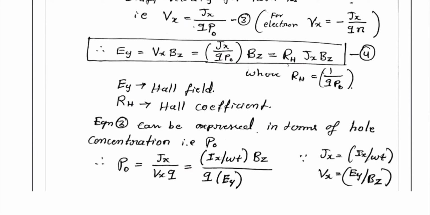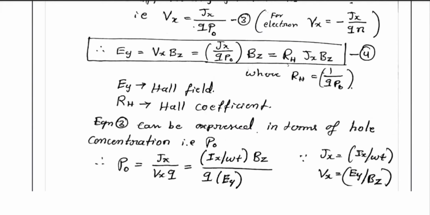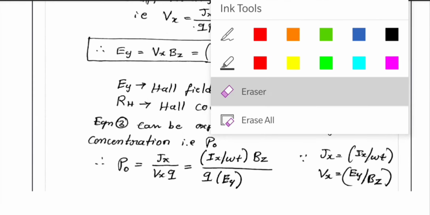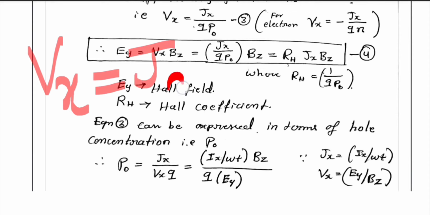So now we will see certain equations related to Hall effect. So we know the drift velocity for holes. The drift velocity for hole is given by Vx is equal to Jx by QP.